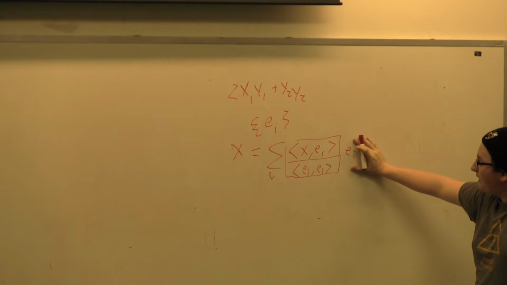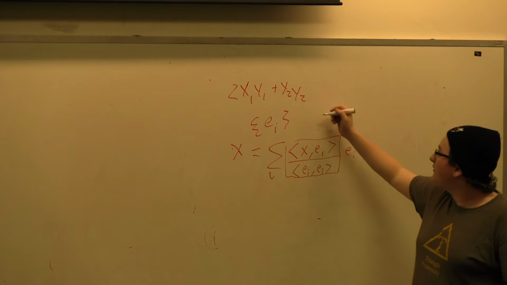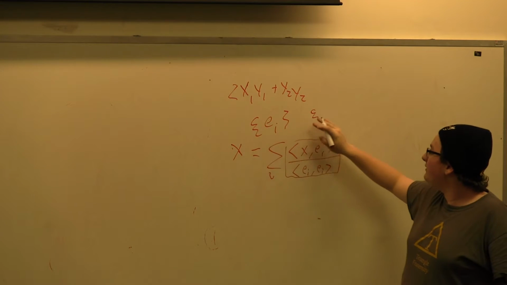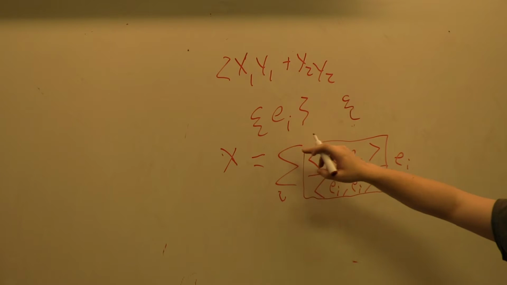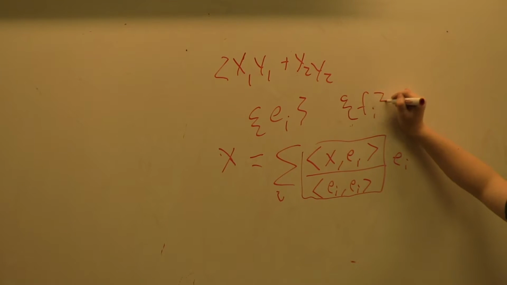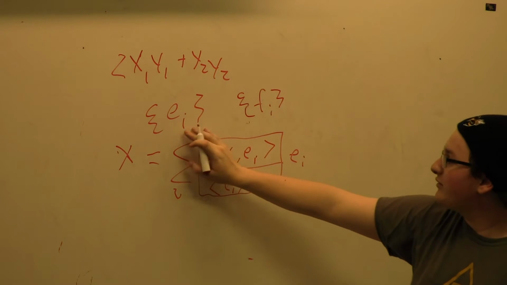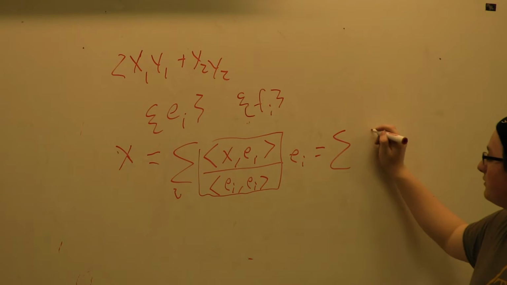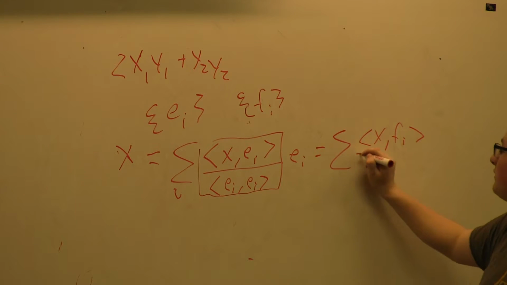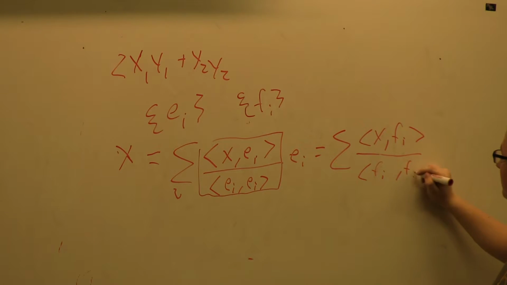Another thing is that if I'm given x and a set of bases E sub i, and let's call F sub i another set of vectors that span the same set as the E sub i, so they're both bases for the same set, this is also equal to the same formula with the F sub i.